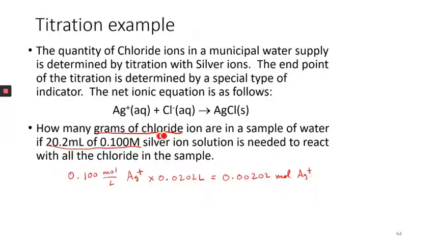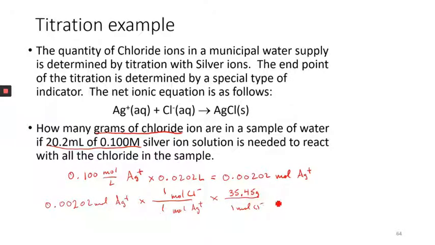But what is it asking for? Grams of chlorine. So let's take our moles of silver ions and use our mole ratio from the balanced equation, and it's 1 to 1. But it wants grams. So in 1 mole of chlorine ions, we use the molar mass of chlorine, which when you look on the periodic table is 35.45 grams.